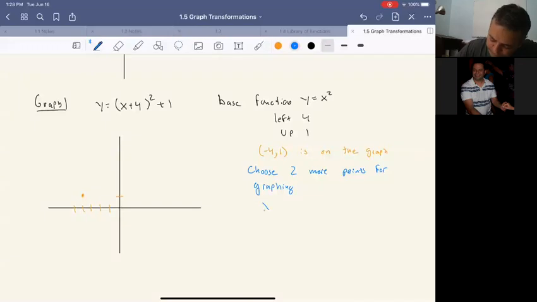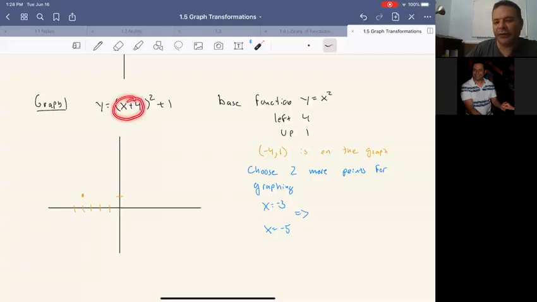Okay. In both cases, I'm actually going to get the same y value back. Because if I have -5 here, I'm going to have -1. And when I square -1, I get 1, plus 1 equals 2. Same thing's going to happen if I have x equals -3, that's going to be 1. When I square 1, that's going to give me 1.